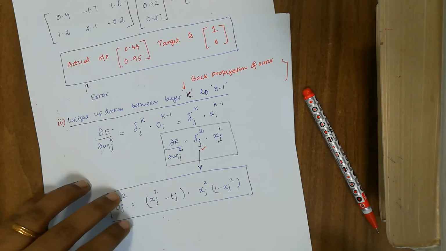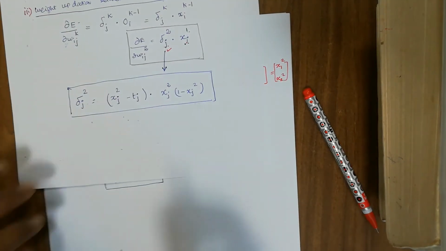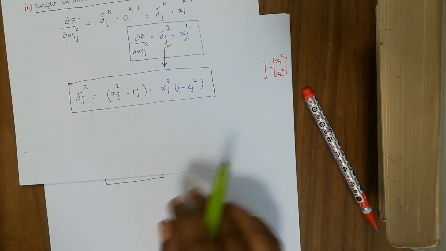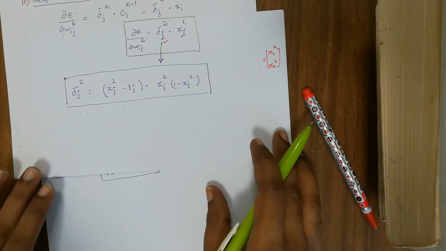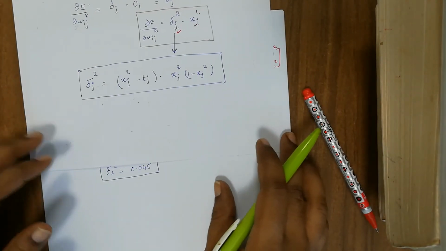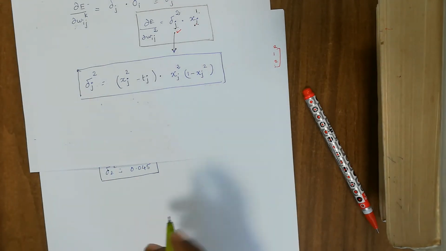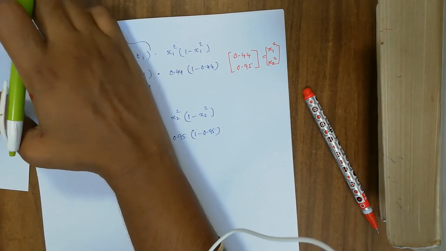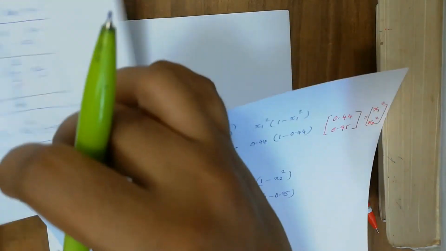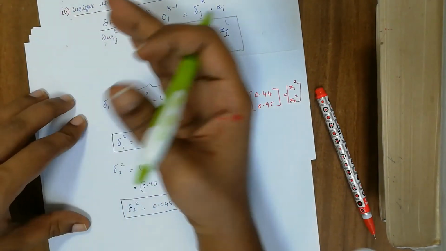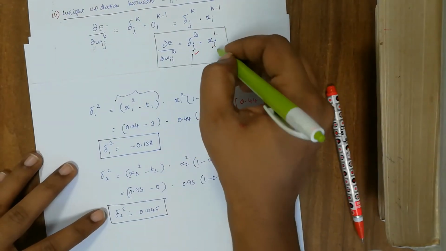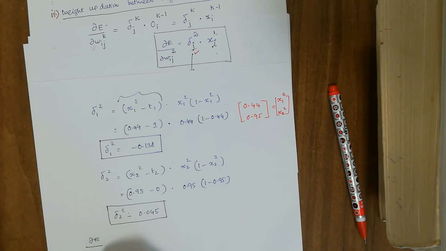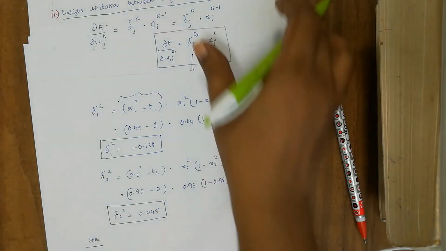Now let's do that step. So we are doing the back propagation of the error from the output layer to the previous layer. Once we have calculated del 1 and del 2, now we have to take the value of dou E by dou W01.